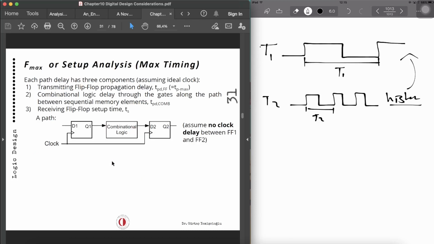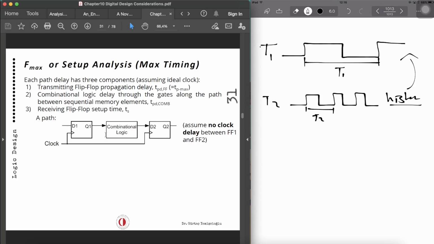Okay, so each path delay has three components, as you can see: the transmitting flip-flop, D1, and some combinational logic. The transmitting flip-flop has the propagation delay, which equals TP max. Then there is the combinational logic delay through the gates. We can have gates, multiplexers, decoders in there, so there's some kind of combinational circuit. And then we have the receiving flip-flop, and we need the setup time of that.